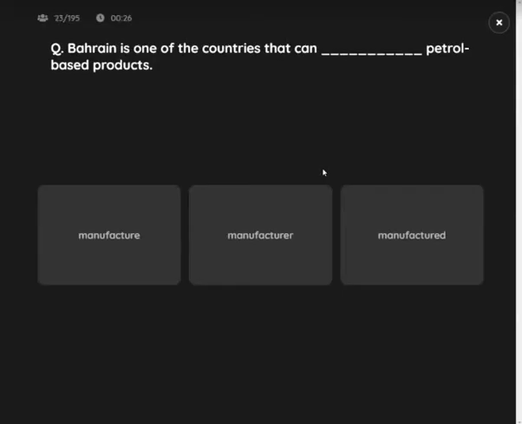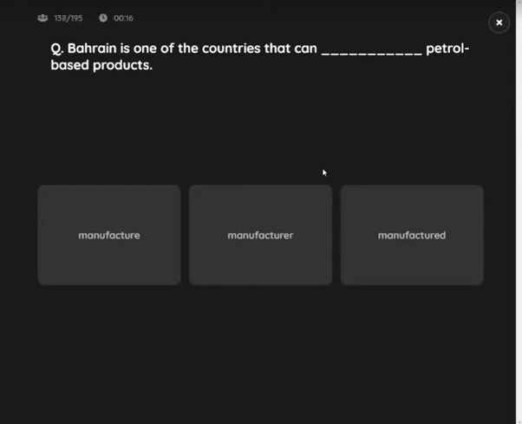Bahrain is one of the countries that can manufacture. Manufacture is the verb, manufacturer is the agent noun, and manufactured is the past simple of manufacture.